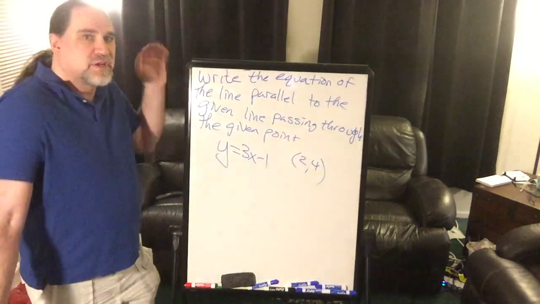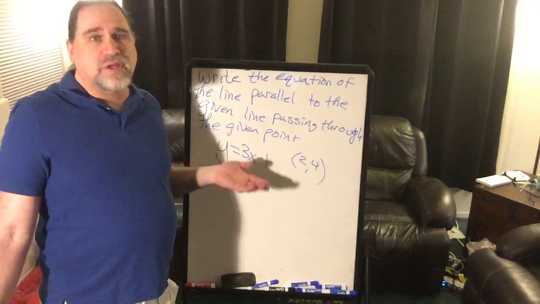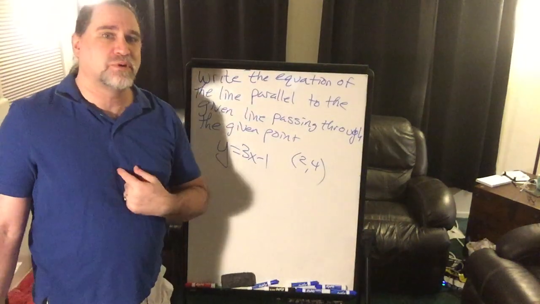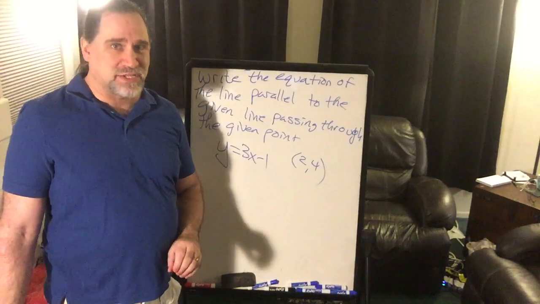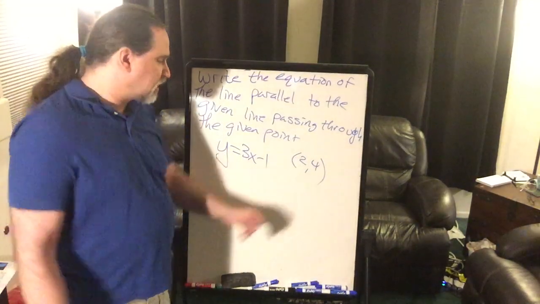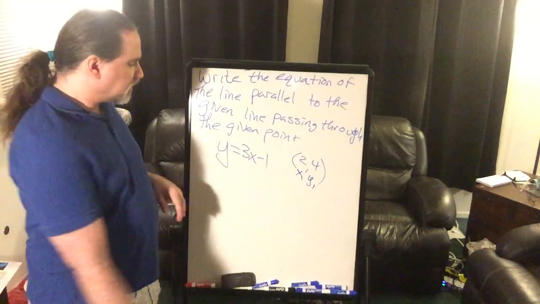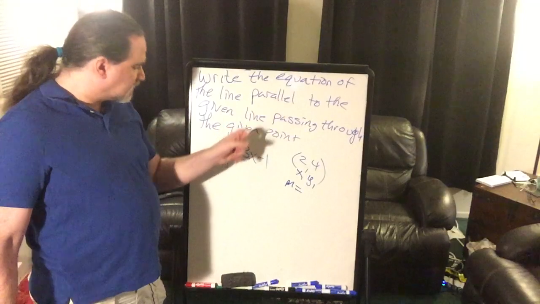Okay? Not trying to do anything clever, not trying to do anything tricky. So what am I going to do? Well, I'm asked to write an equation, didn't tell me what form, so you know what form I'm always going to defer to? Point-slope form. Easiest one to get into. Because what? I've got a point. It's right here. Here's my x1 and my y1. And you know what? What's my slope? Well, if it's parallel, then it's the same slope.